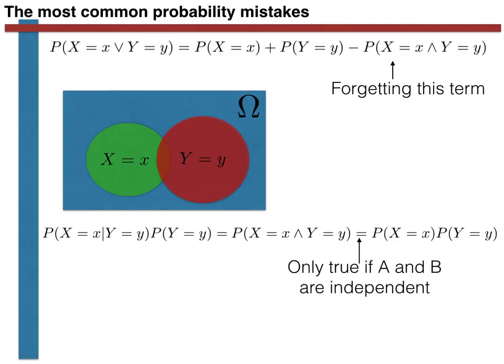Here we have the probability that capital X equals small x, given that capital Y equals small y, multiplied by the probability that capital Y equals small y.